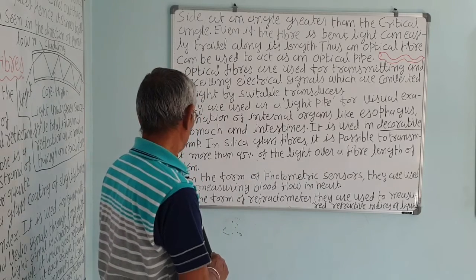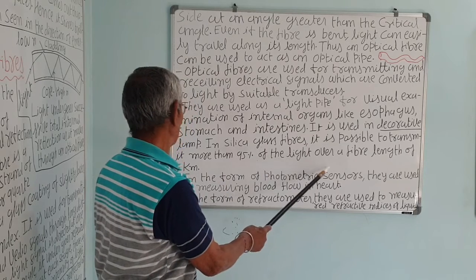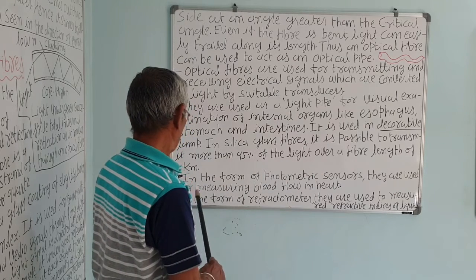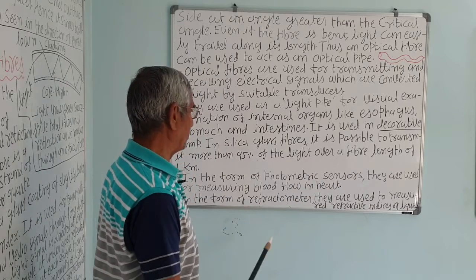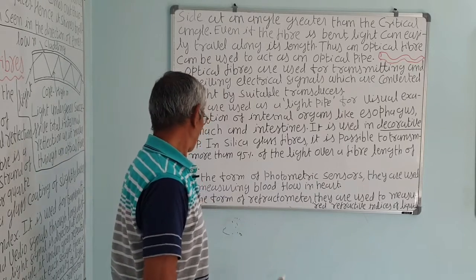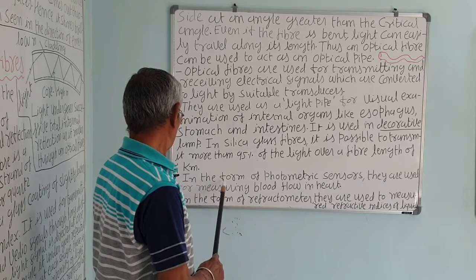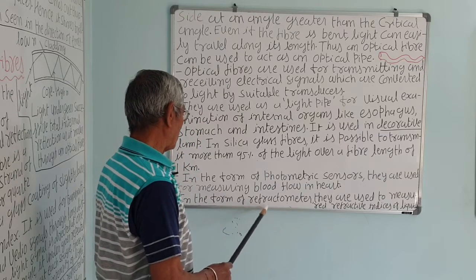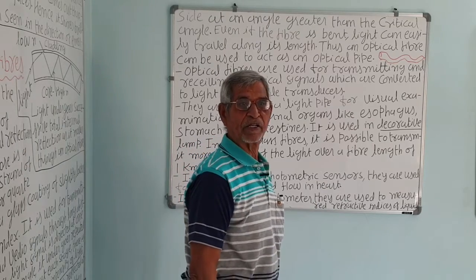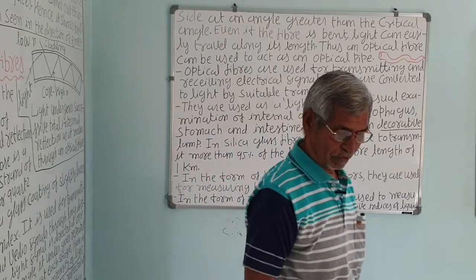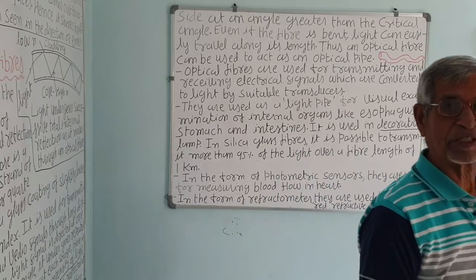In the form of photometric sensors, they are used for measuring blood flow in the heart. In the form of a refractometer, they are used to find the refractive indices of liquids.